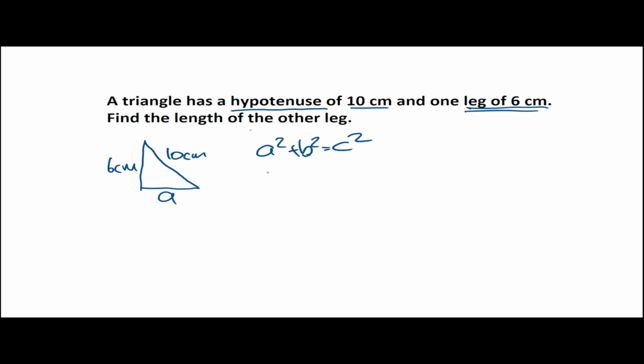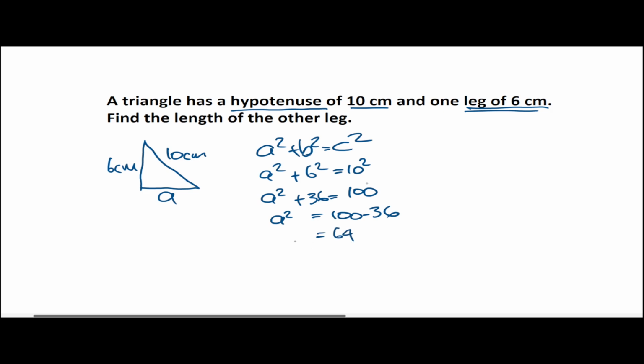So a we don't know, so a squared plus 6 squared equals c squared, which is 10 squared. So a squared plus 6 times 6 is 36 equals 100, so therefore a squared must be equal to 100 minus 36, which is going to be 64.